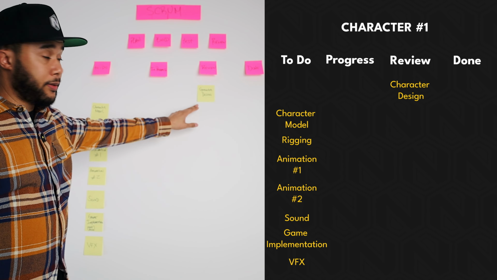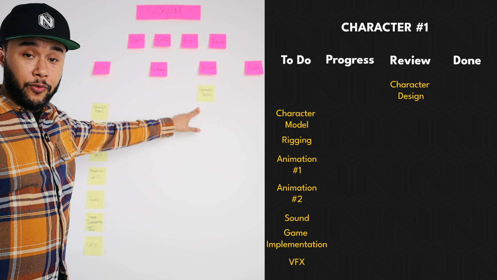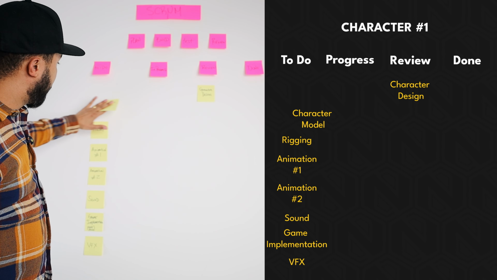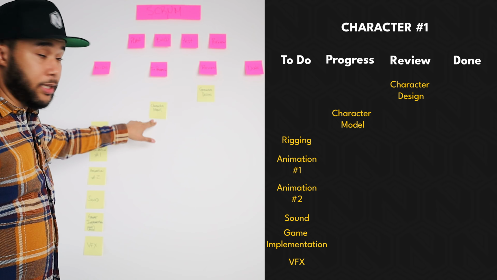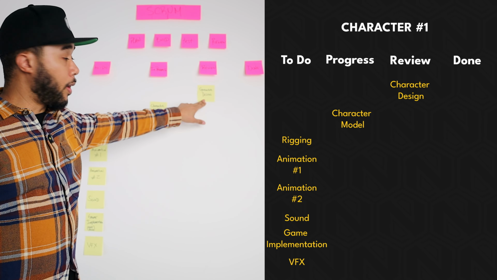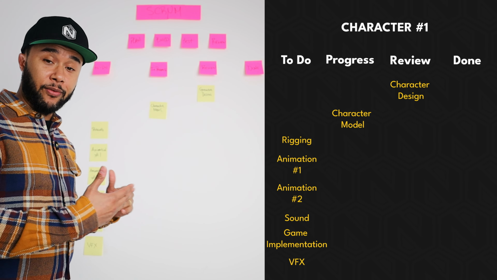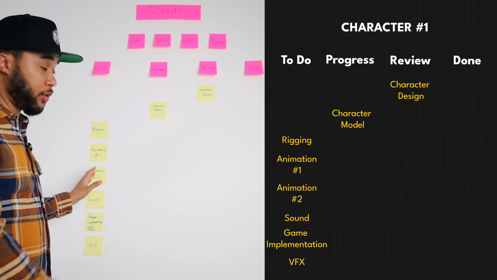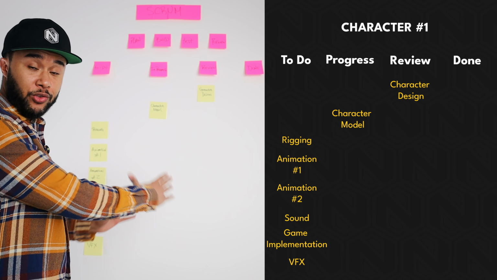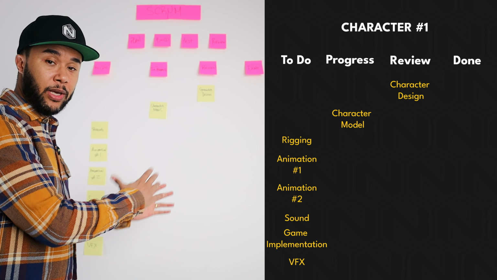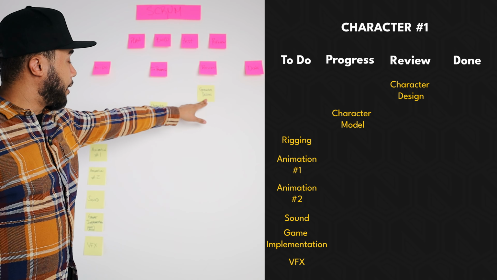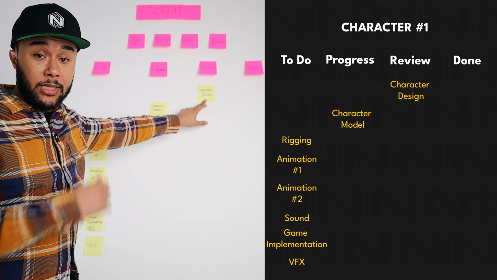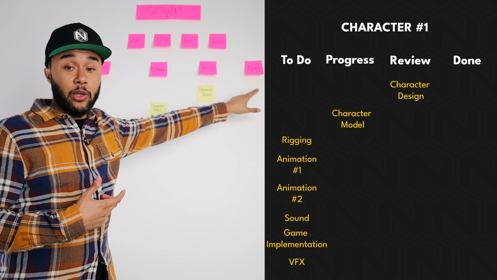While the character is being reviewed, we can do a few things. We can start on the character model, right? This is in progress while this is being reviewed, so things don't have to be done before you do. You can start to see that eventually a lot of things will be moving along at the same time. Game design is being reviewed, which means it's close to being done.